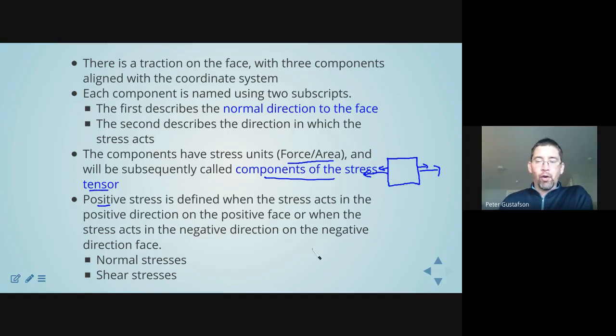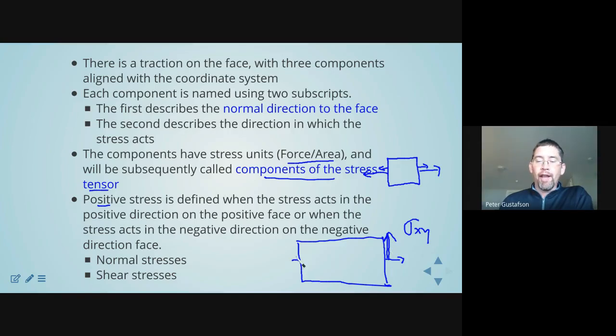Now, similarly, I'm doing this in 2 dimensions. Here's my positive normal. If I have a force component, that is a traction component in this direction, it is on a positive face in a positive direction. In this case, the positive y direction. So if we call this sigma xy, it's positive if it's oriented this way.